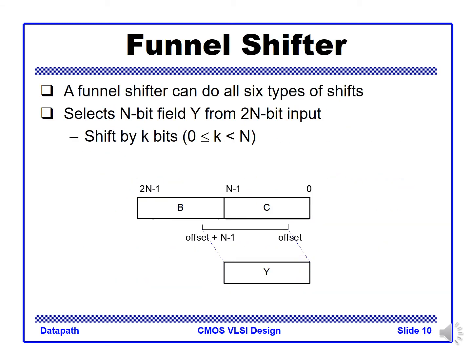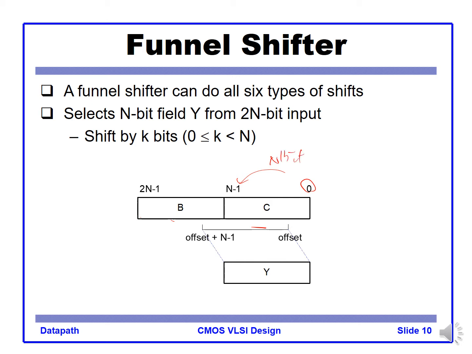The funnel shifter is the hardware structure that can support all different kinds of shifts. So this is the basic thing: we have a B field and an M field for the input of N bits. So 0 to N minus 1 is the N bit, right?